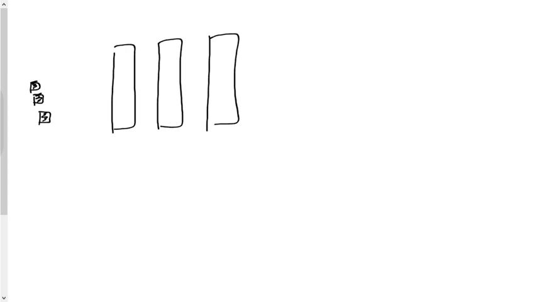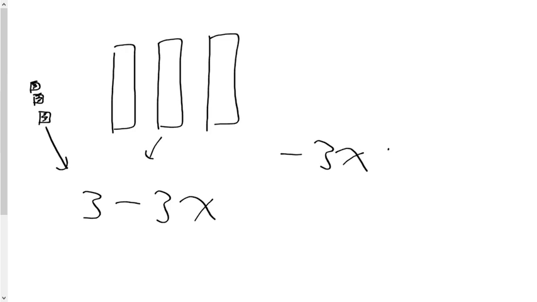Sophie, what do you think it says? No, Sophie is wrong. Keep the order of the terms. Go ahead. Good. 3, and this is minus 3x. So that picture would be 3 minus 3x. Now, if you said negative 3x plus 3, it's not wrong, but it's not what the picture says. It's the same value. Those are the same thing. But we want to keep the order of our terms correct.